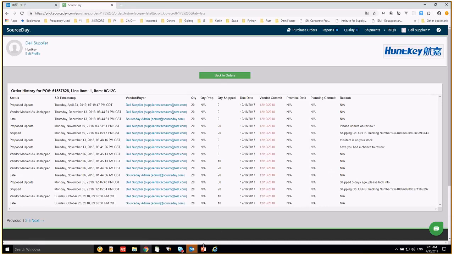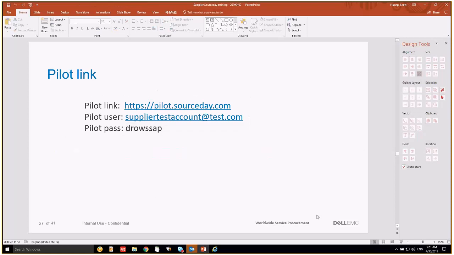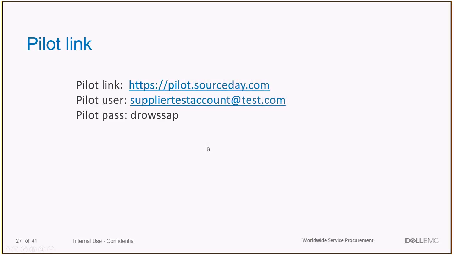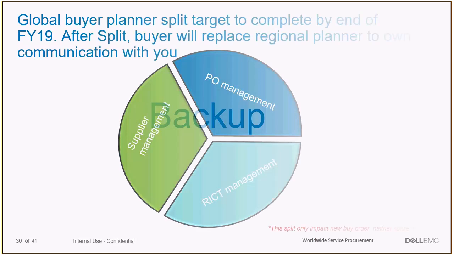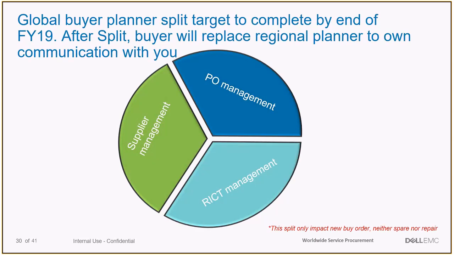Okay. So now let me go back to the deck again. So from technical training, the tool is already done, but I need to give you some other backup training. So for example, I need to tell you, in the future, we split the planner and the buyer. Actually, this action already happened.